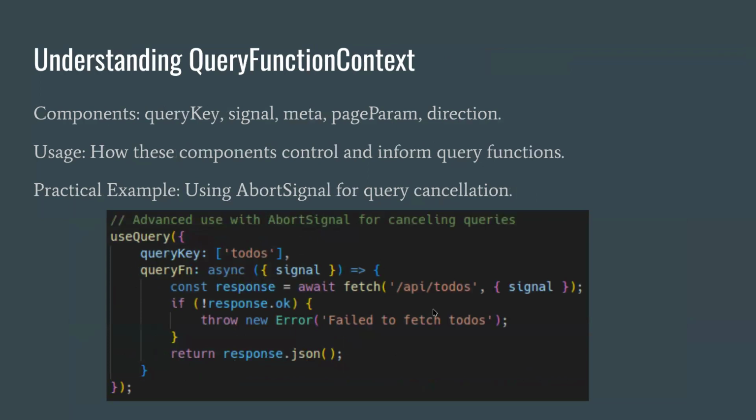Understanding query function context. The query function context in TanStack query provides additional control and information within each query function. This context includes elements like the query key, the optional abort signal for canceling the query, and even metadata.